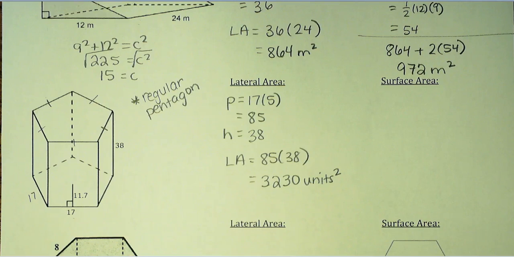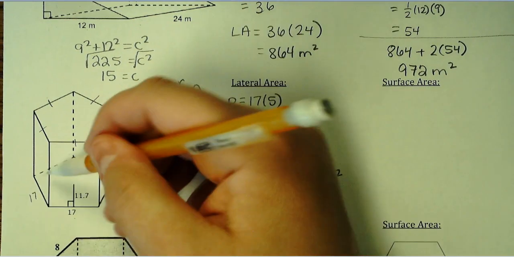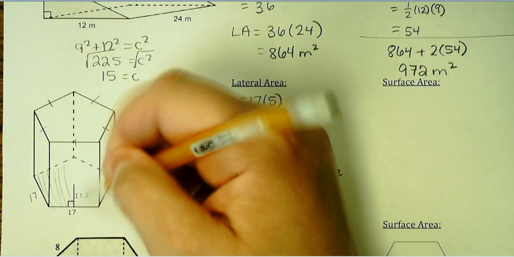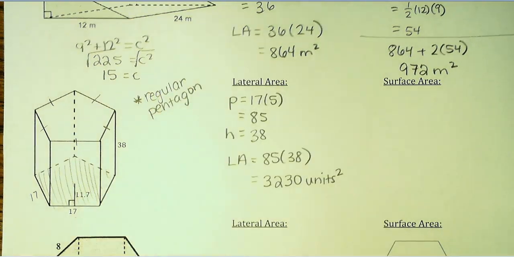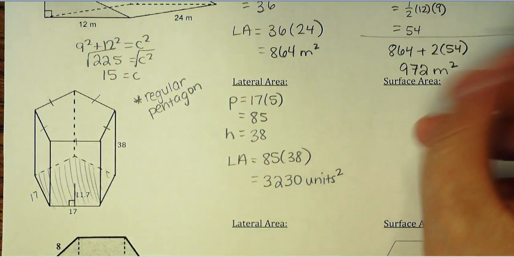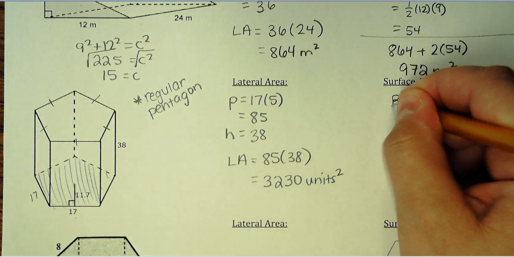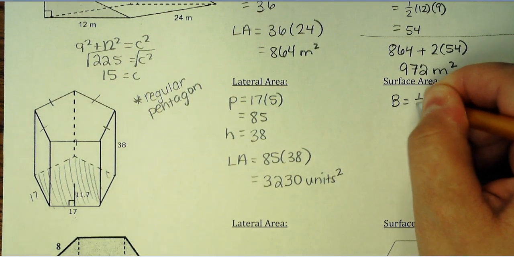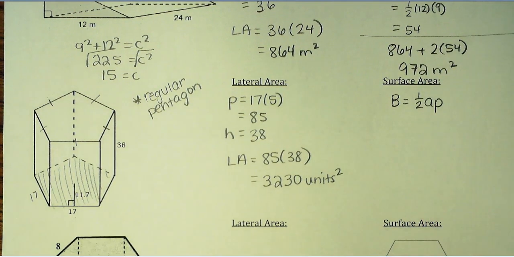Okay, now, some of these can be complicated, some of these, it just depends on the question. This particular problem, I promise, is not bad to do. We're going to find the area of a pentagon here. So I just want to remind you, for the area of the base, this is 1/2 apothem times perimeter.